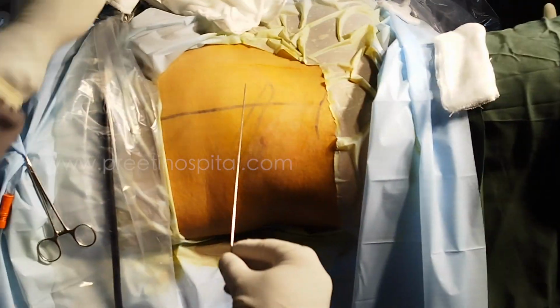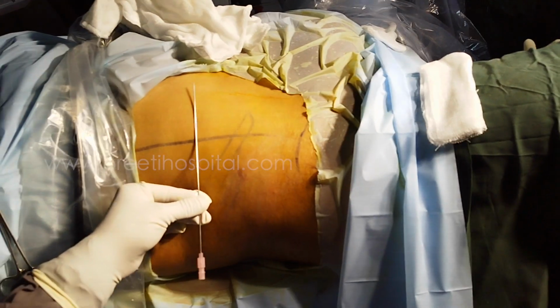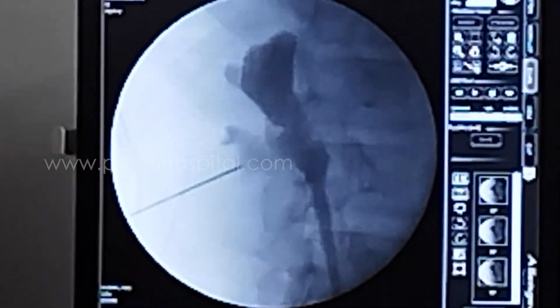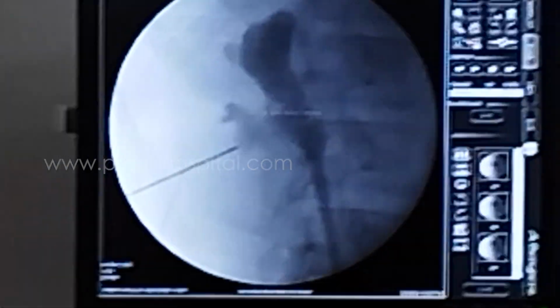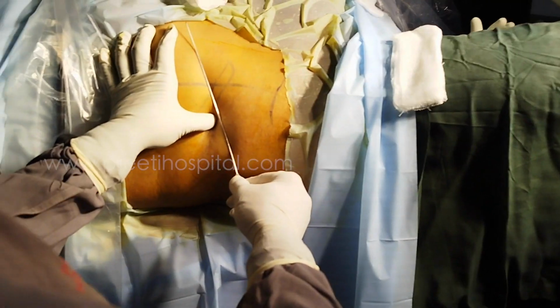Take the needle, put it here. What will you put? Like this. If you want to put this, this is the direction. Yes. The calyx is not properly seen, but I am able to see. Yes. This is the ideal calyx, which will come below the 12th rib, as we guessed in the CT scan.